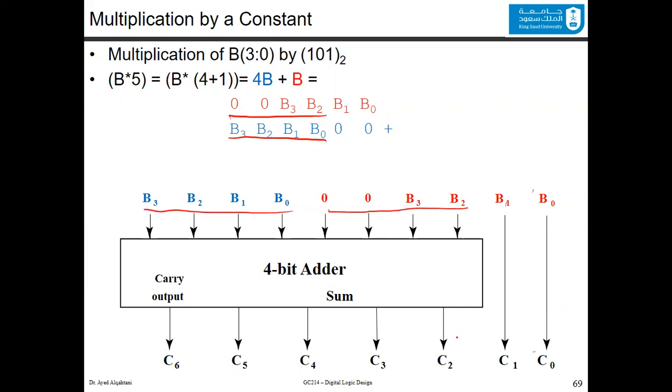You will generate a 4-bit sum with a carry in the output, and these will be the results of multiplying b by a number that is not a power of 2.